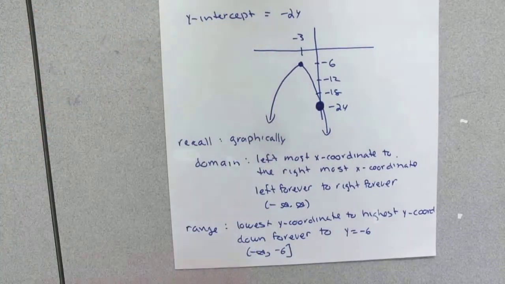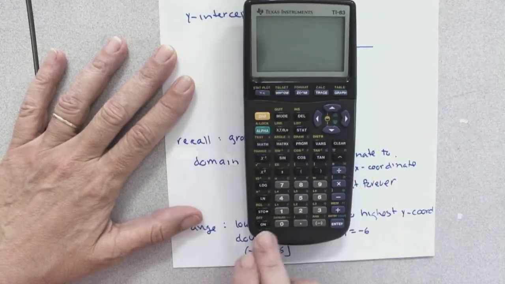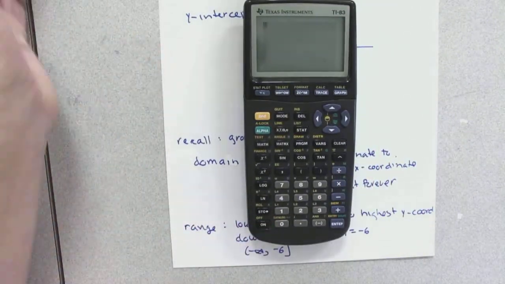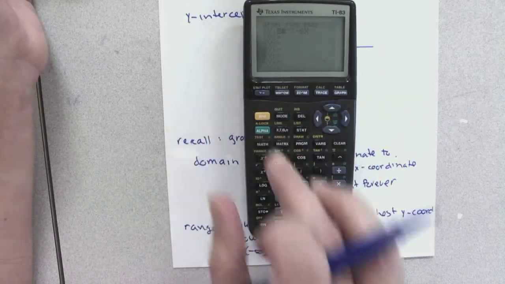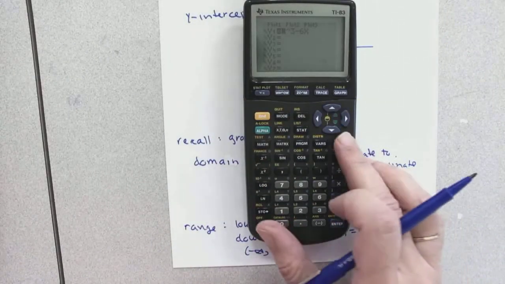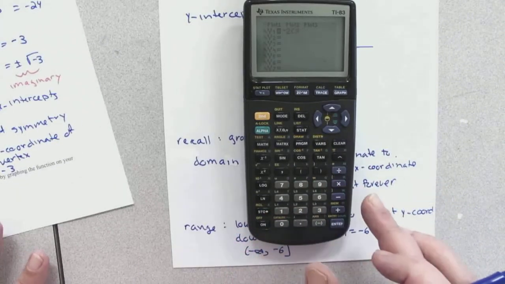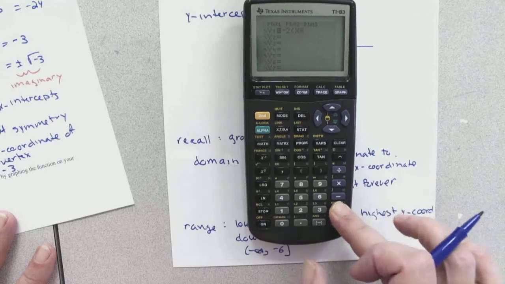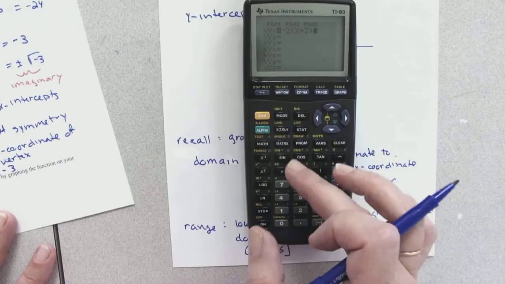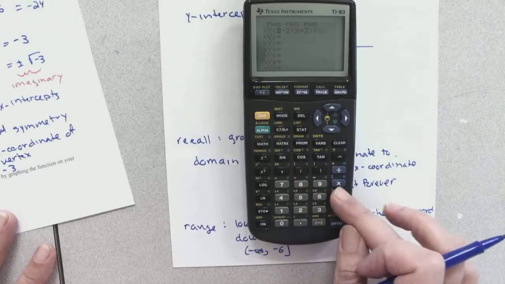Now these things can be checked, if you've got a few moments at the end of a test. Let's look at this on a calculator. So there's my calculator. I've actually got batteries in it this time, for those of you that have watched some previous videos where I didn't have my batteries in there. Let's type in that original function, which was negative 2 times x plus 3 quantity squared, minus 6.